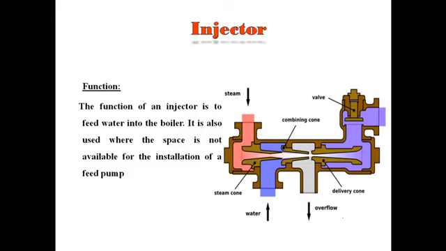In an injector, the water is delivered to the boiler by steam pressure. The kinetic energy of the steam is used to increase the pressure and the velocity of the feed water, as you can see in this particular figure.